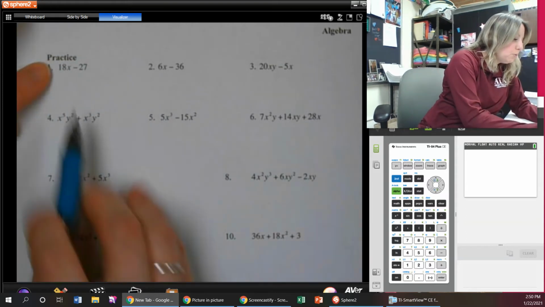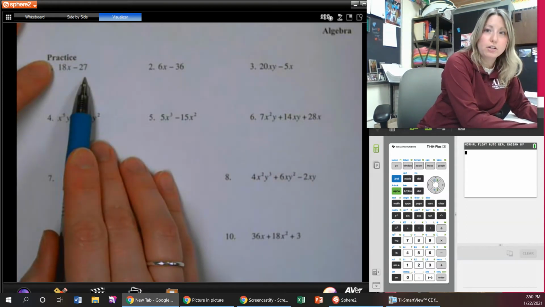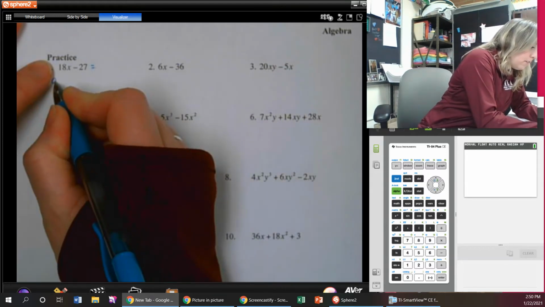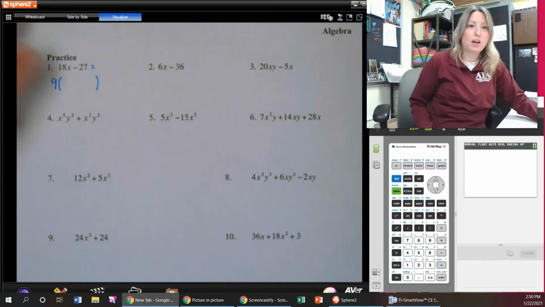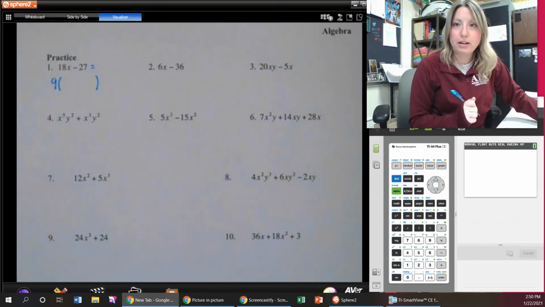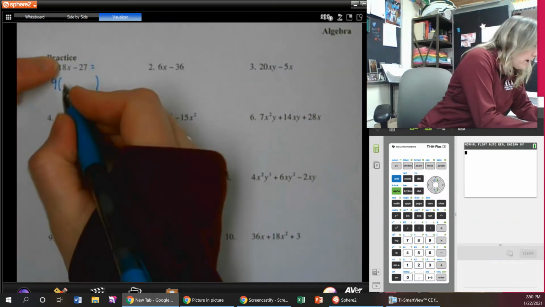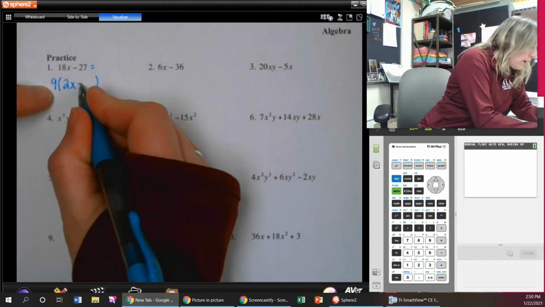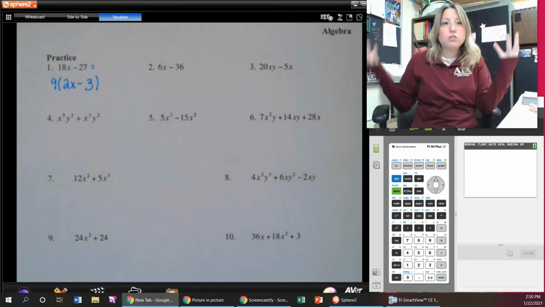So between an 18x and a negative 27, what do they have in common? A 9. So that means 9 is my GCF. Now I divide each term by 9. 18x divided by 9 is 2x. Negative 27 divided by 9 is minus 3. Undistributed.